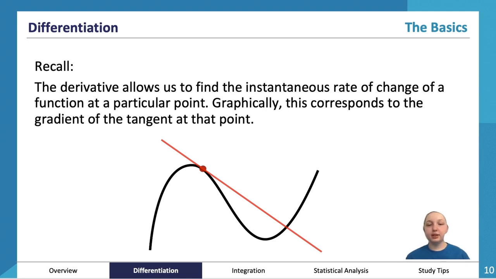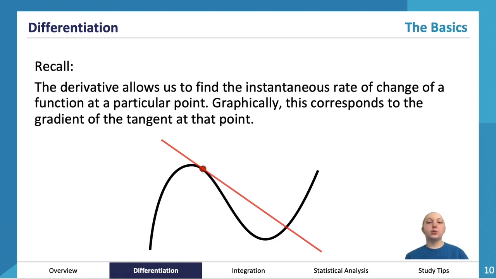Graphically, this is what your gradient is: the gradient of the tangent at that point. Hopefully you remember that the tangent is a line that intersects your function exactly once. That's what this red line is. And if this is our point of interest, for the derivative here we're looking for the gradient of the tangent when it hits that point.